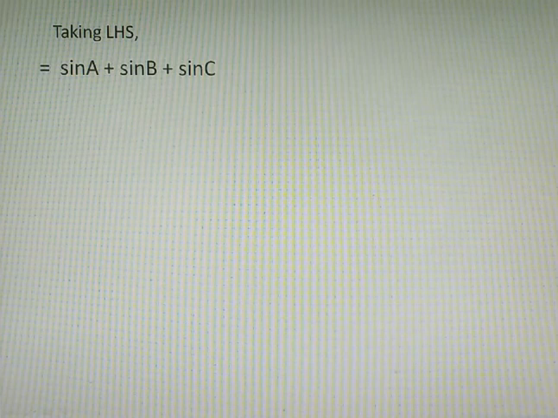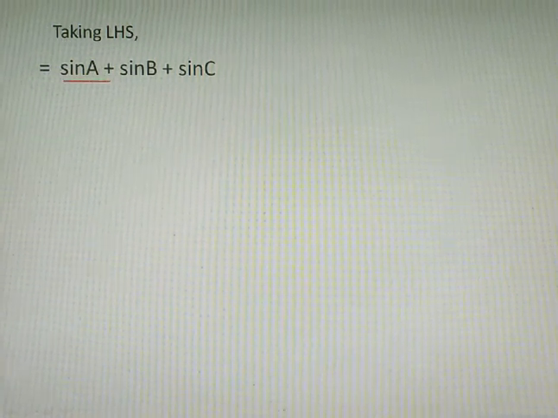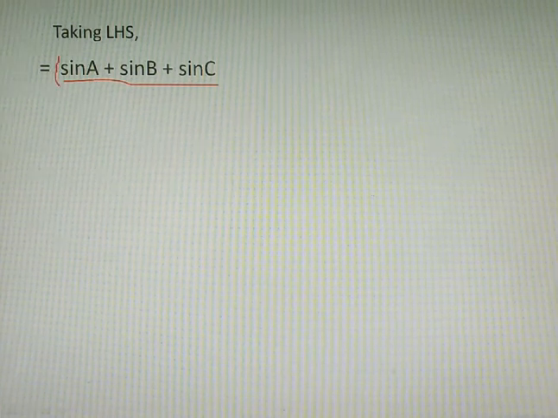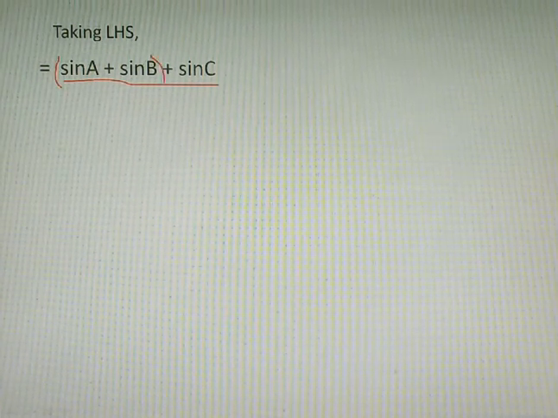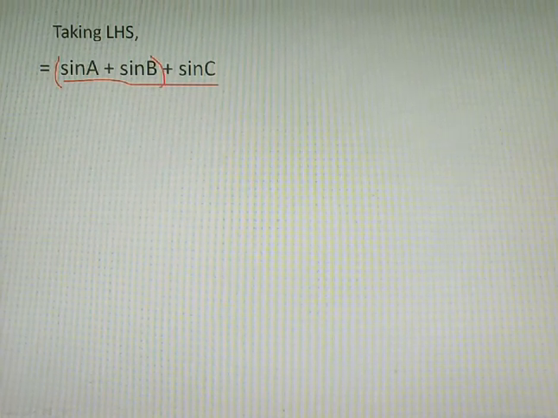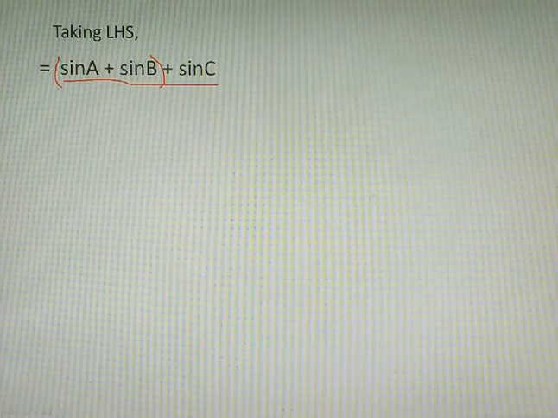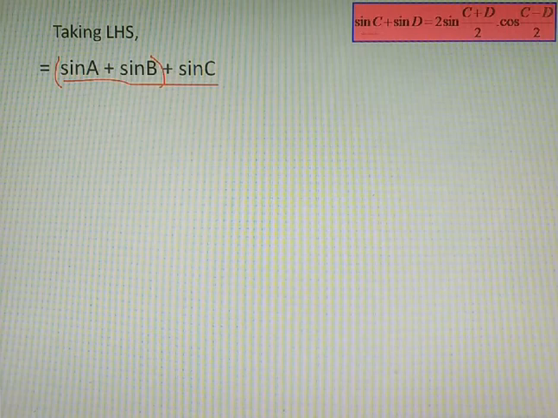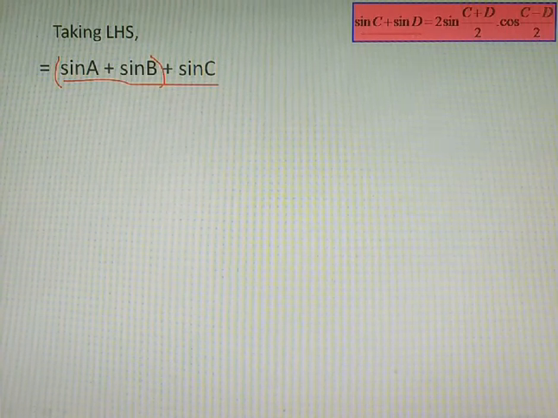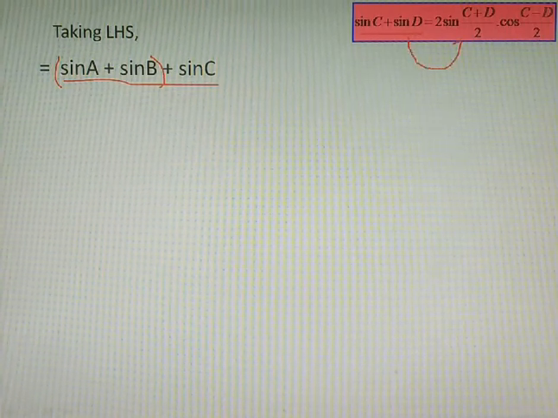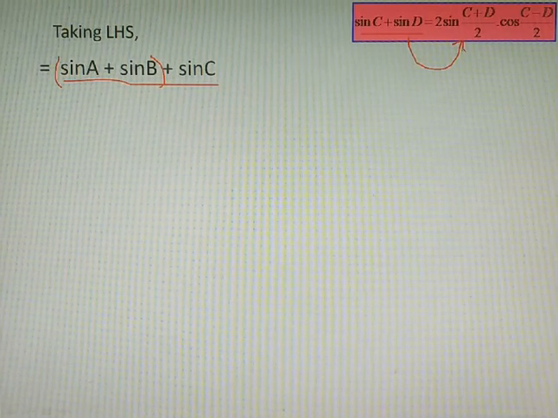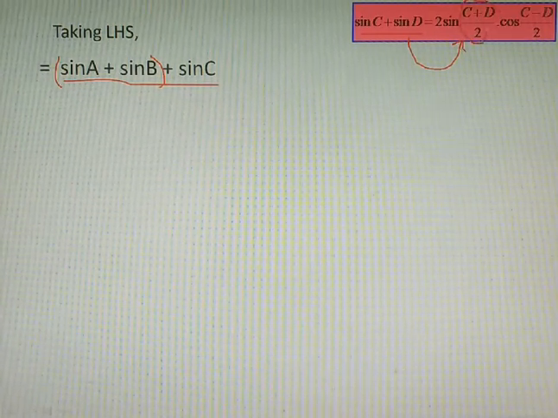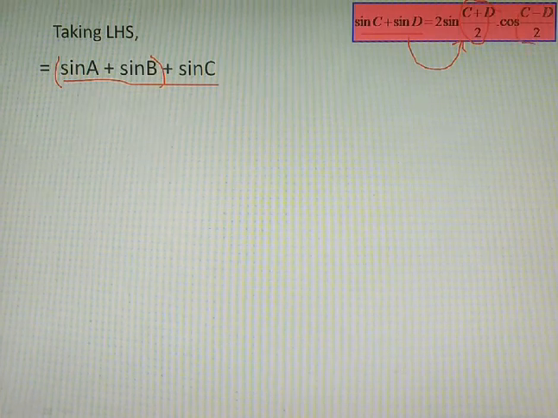So let's take LHS first. It's sine A plus sine B plus sine C, and as usual we take these two factors first. So comparing sine A plus sine B with the formula sine C plus sine D, we can convert this formula into 2 sine (C plus D) by 2 into cos (C minus D) by 2.